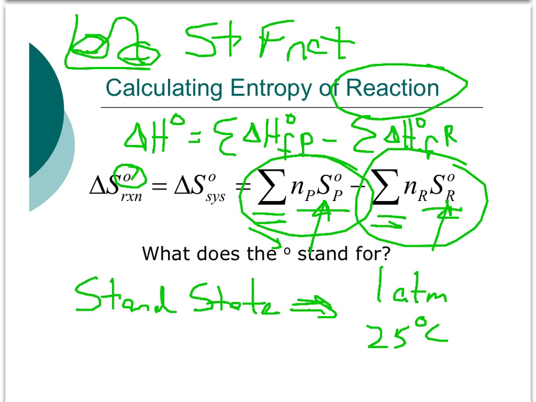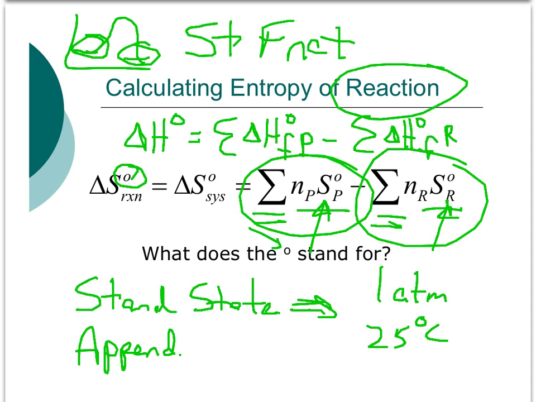To get those S0s, you're going to want to look in the appendix in the textbook, and you'll see tabulated there the heats of formation that you used last year, along with the standard entropies and the standard free energies of formation. Again, we'll talk about those later.